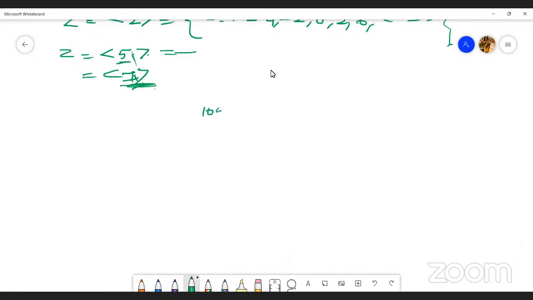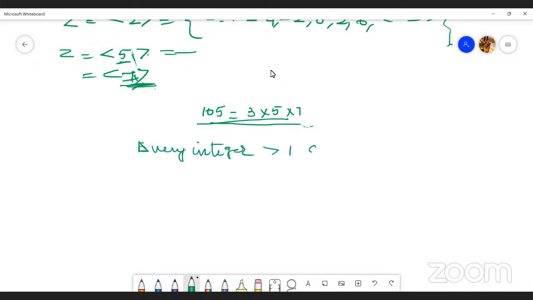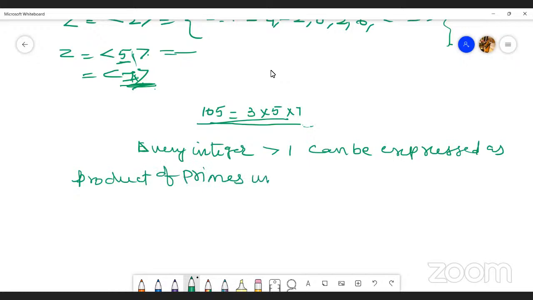Suppose you take 105. How can 105 be written? 3 into 5 into 7. Can you find any other representation of 105? No. So every integer greater than 1 can be expressed as a product of primes uniquely.